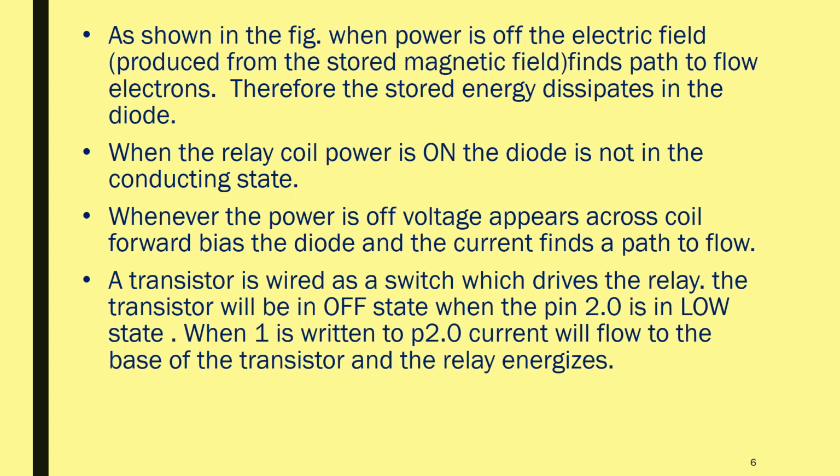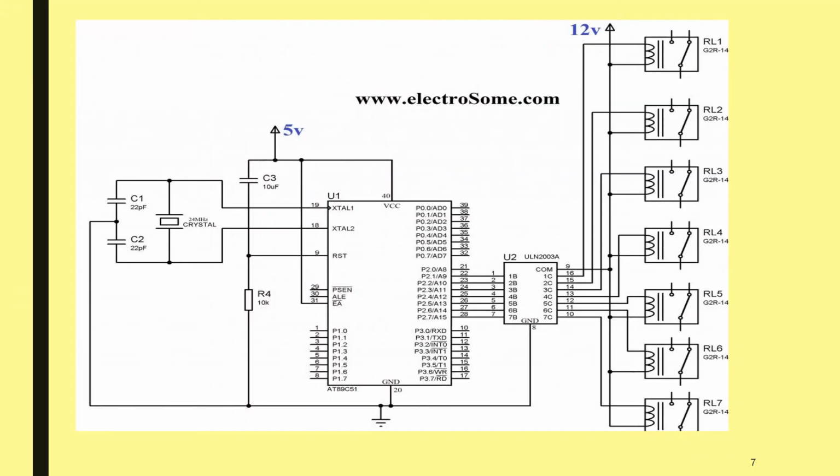Whenever the power is off, voltage appears across the coil, forward biases the diode, and current finds the path to flow. The transistor is wired as a switch which drives the relay. The transistor will be in the off state when pin 2.0 is low. When 1 is written to pin 2.0, current will flow to the base of the transistor and the relay is energized. The contact of the relay will get switched.